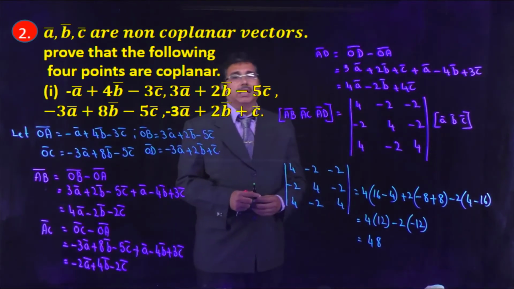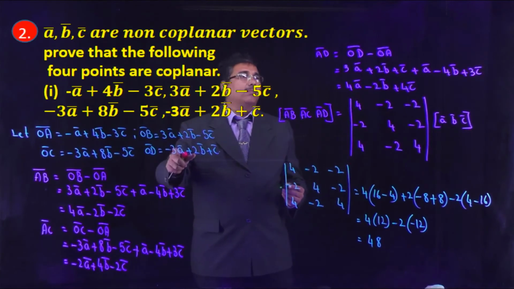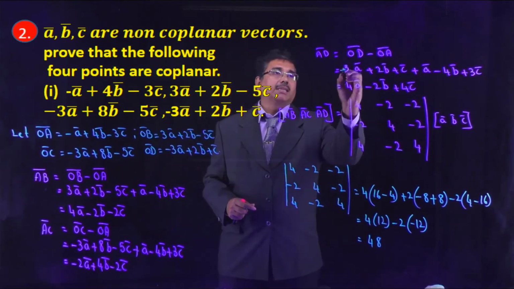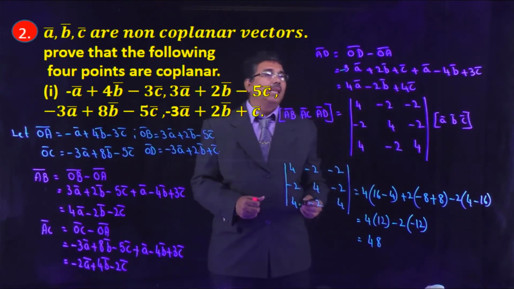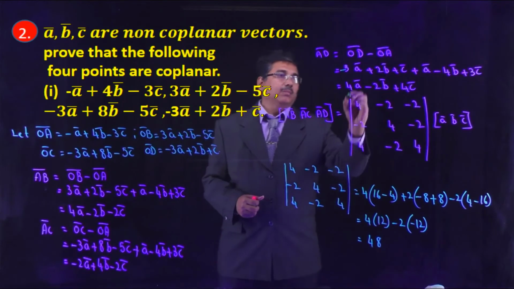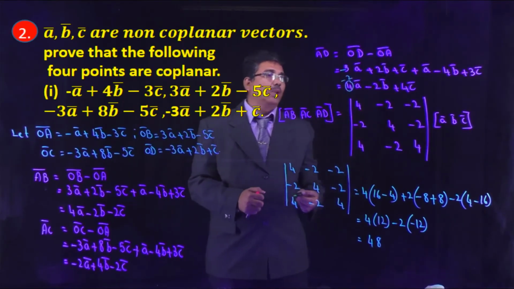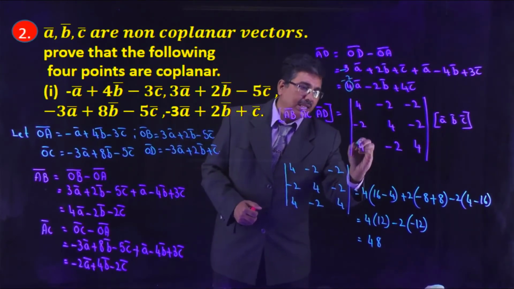Right, here this is OD bar. OD bar is minus 3A bar, A bar minus 3A bar, that is minus 2A bar. Right, AD bar, this is minus 2.